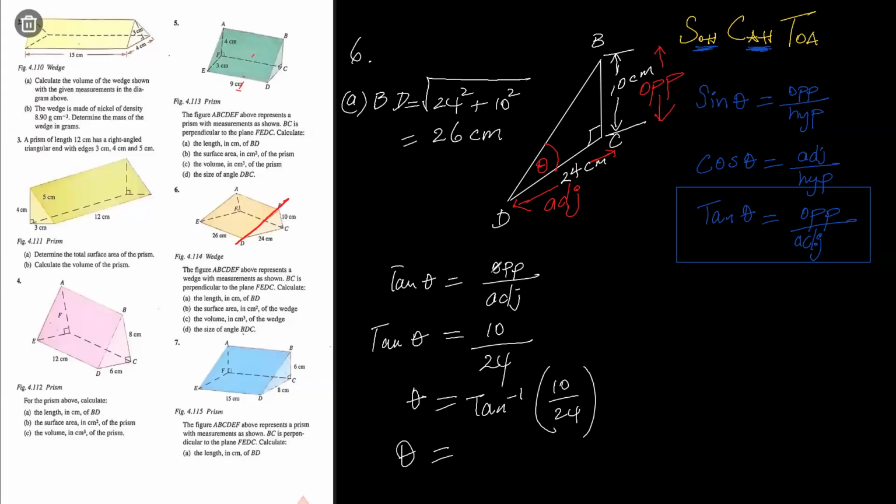Marcus, what you got? So I get 0.39. All right, so you calculated on radians. So you need to change your calculator to degrees. So how you doing that? Send me a picture of your calculator quickly.